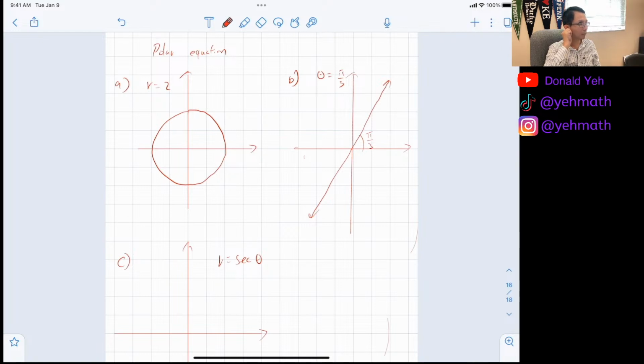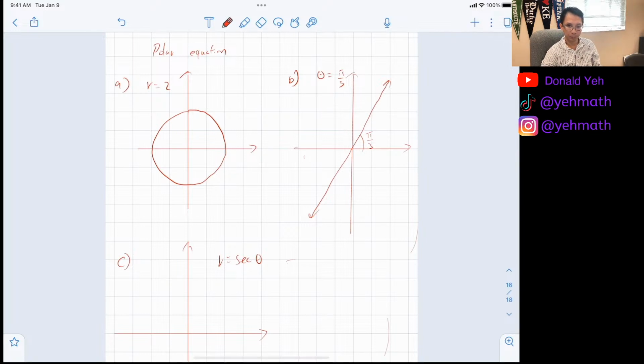Wait, secant is... Yeah, r over x. Wouldn't it just... Never mind. Because then that would be tangent.